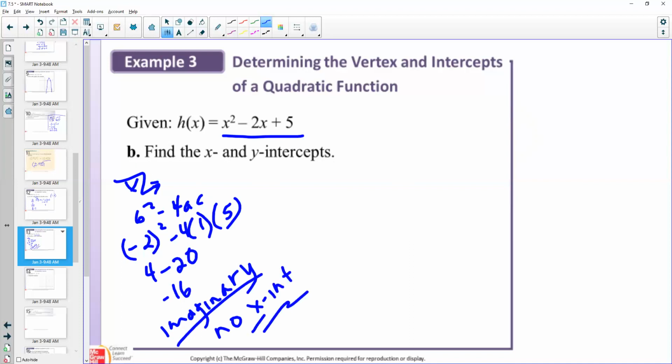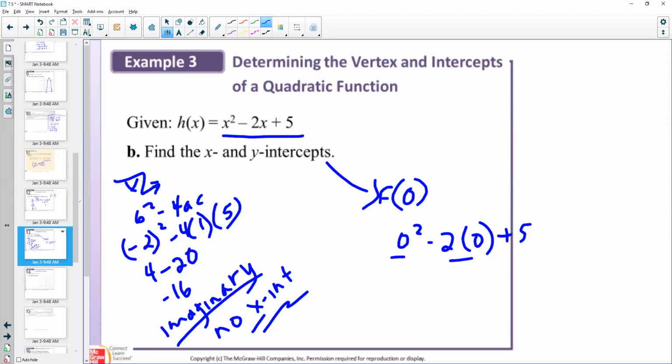So I don't have to do the factoring here because there isn't anything to factor. To find the y-intercept, I'm going to put 0 in for x. So 0 squared minus 2 times 0 plus 5 is 5. So the y-intercept is at (0, 5). And somehow I wrote y.